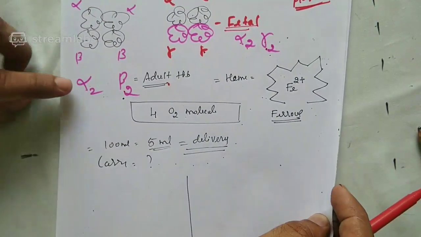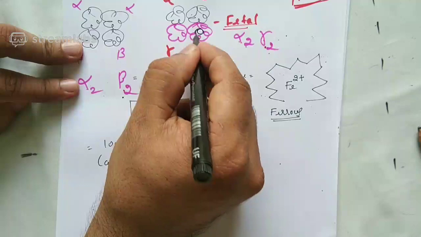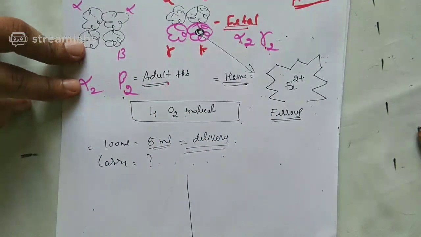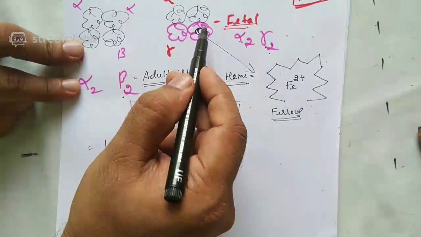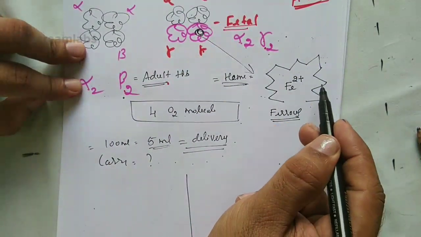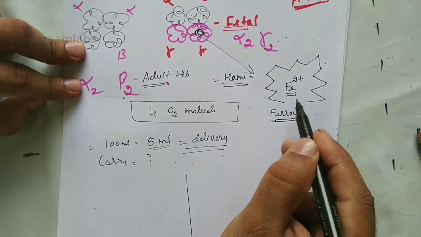You'll understand it later. You should remember one thing: in the hemoglobin, this is the core region. This core region has the part called heme, surrounded by the region called globin. The heme is the organic molecule which contains iron here. In which form? In the ferrous form, Fe2 plus.